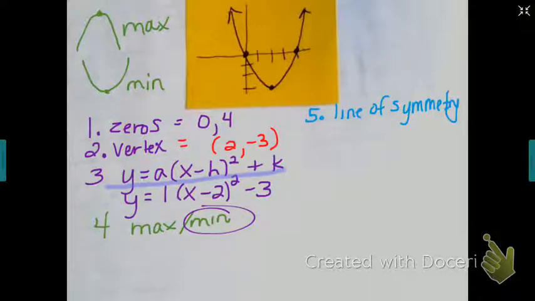So if I draw the line that goes down the middle of it, I'm going to draw that line right there. Do you agree? Does that separate it in half? So what x value does that line touch? X equals 2. We'll look at the vertex. What was the x value in the vertex? 2. The vertex x value and the line of symmetry x value will always be the same. So for line of symmetry, we say x equals 2. You say x equals because x equals 2 is a line that goes up and down.